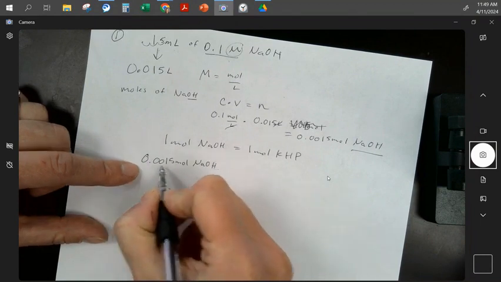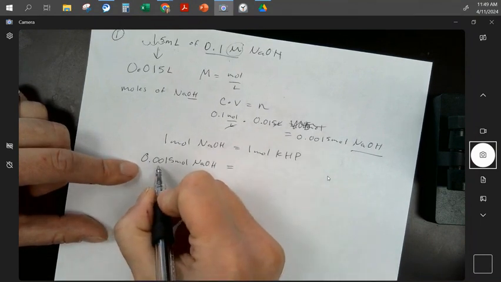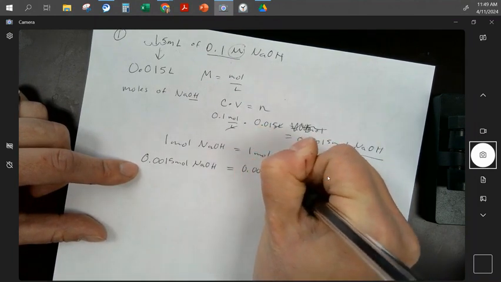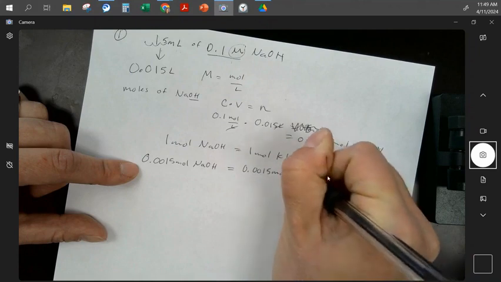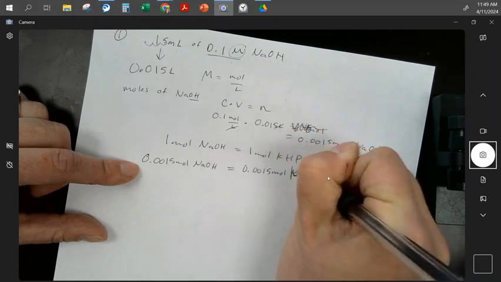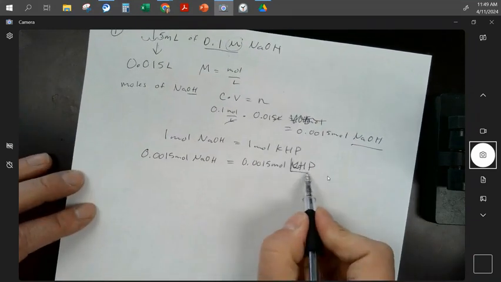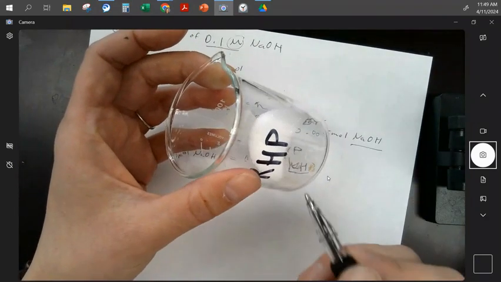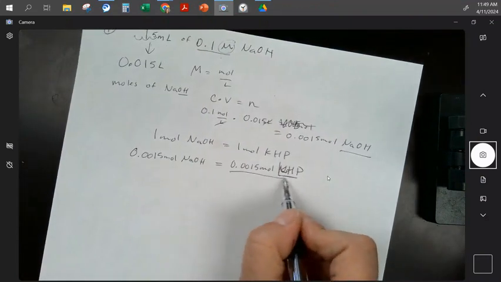So 0.0015 mole of sodium hydroxide will give us 0.0015 moles of KHP. So this is what you're going to weigh out. It's just going to be in a beaker. So you need to know how much to weigh out.